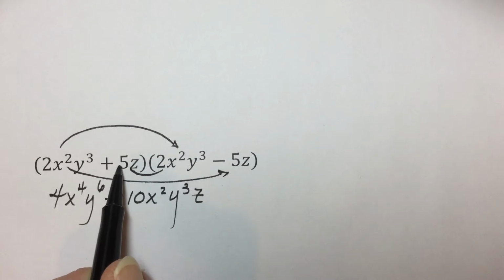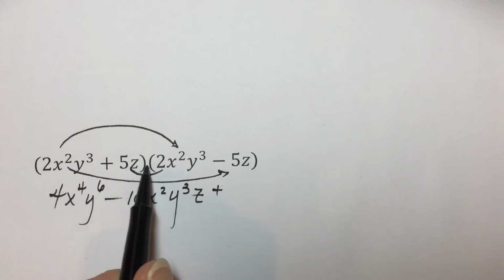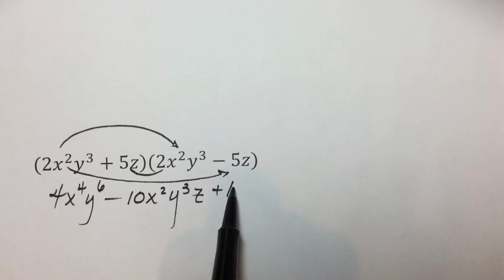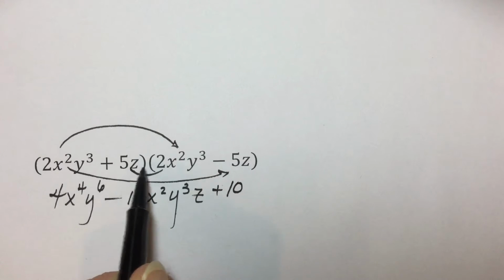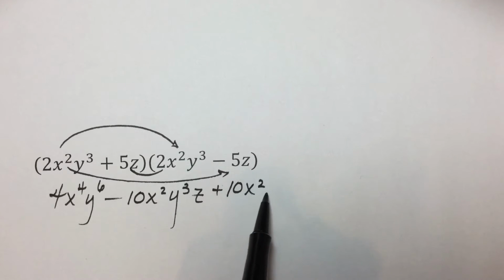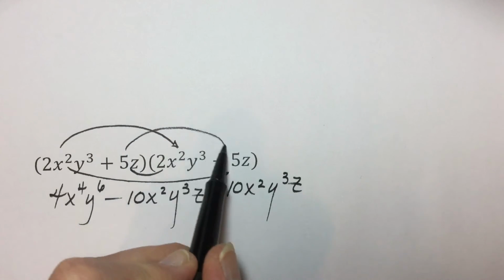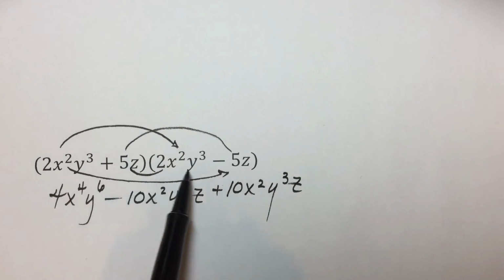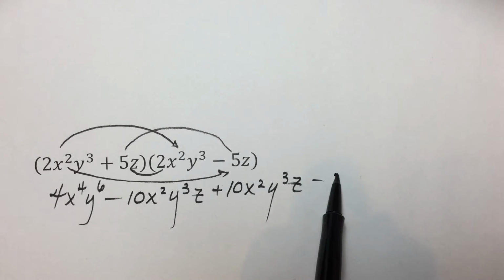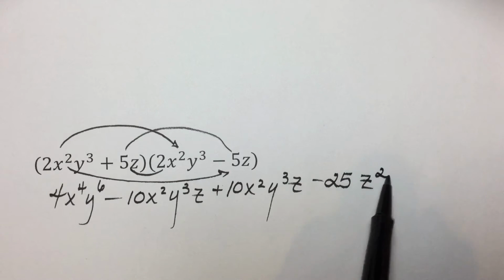Our inner terms, a positive times a positive is a positive. The integers multiply to give us a 10. We have a z, an x squared, a y to the third, which is just that, x squared, y to the third, z. And last terms multiplied together, positive times a negative is a negative. 5 times 5 is 25, z times z is z squared.